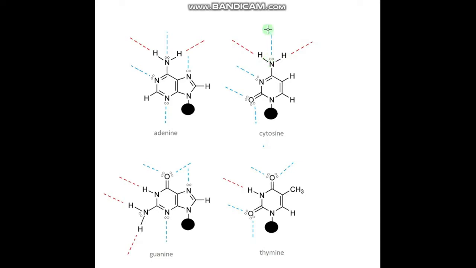And then the blue lines represent the more electronegative atoms themselves, where they have the ability to form a hydrogen bond to a delta positive hydrogen on the other end. And the point about the picture is that there's a huge array of these hydrogen bonds potentially formable around the fringes of the bases.